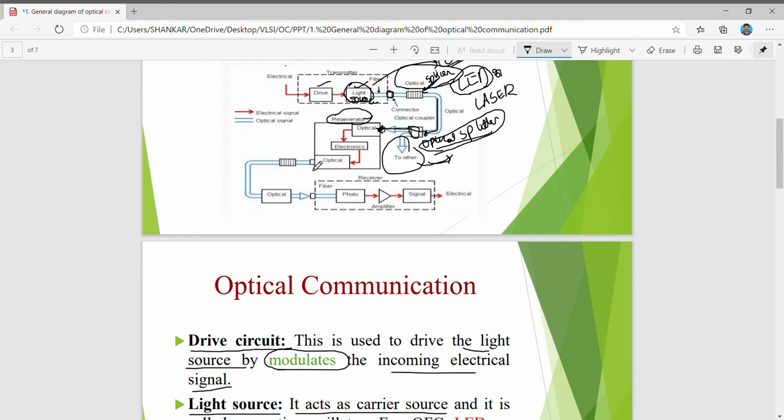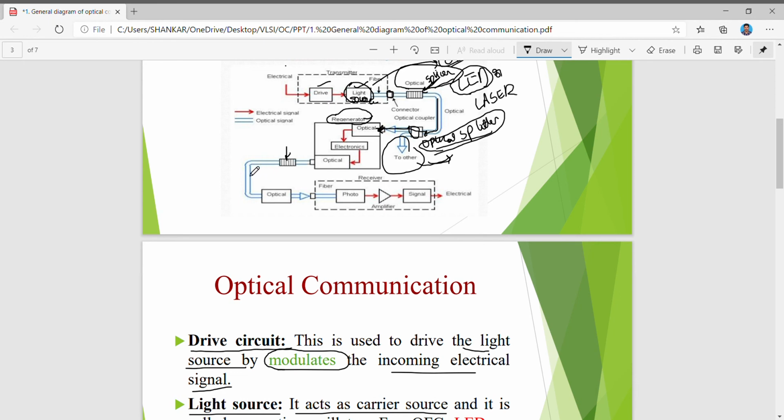So at the output of the optical transmitter we have the optical signal. Again this optical signal is connected to the optical splicer here, which is used to join two optical fiber cables.